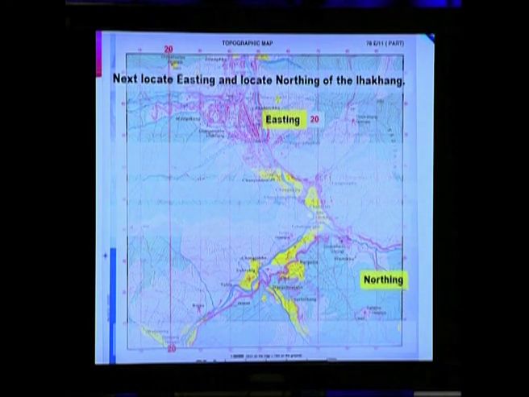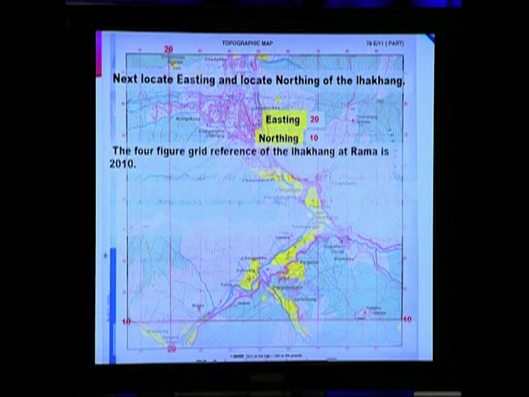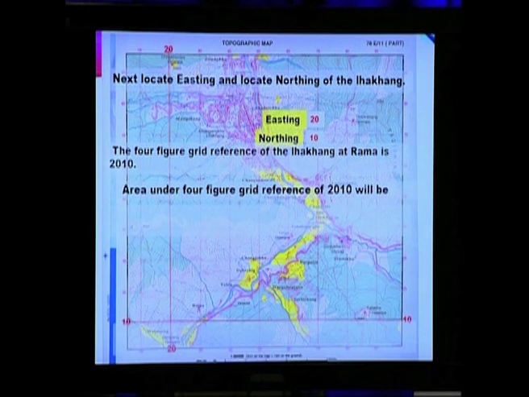To find the four-figure grid of Rama, we look for easting and northing. So easting is 20 and northing is 10. The four-figure grid reference of Hagang at Rama is 20, 10.